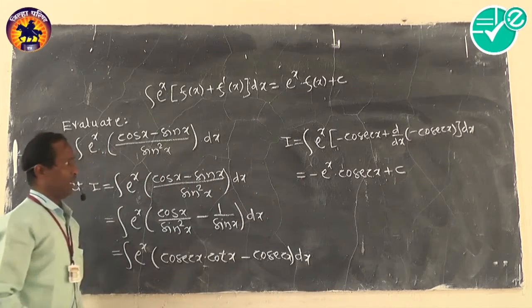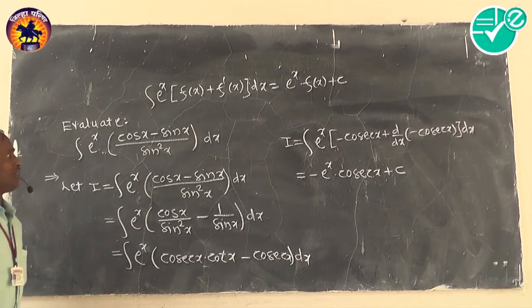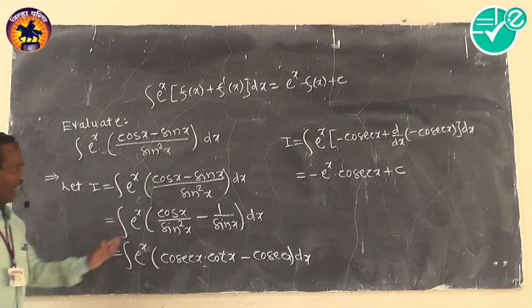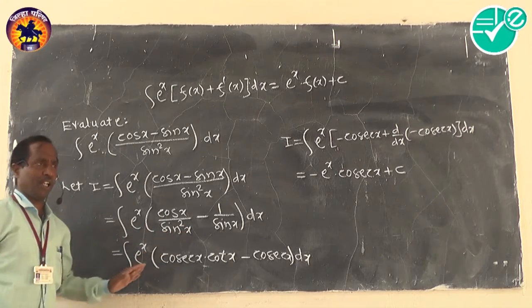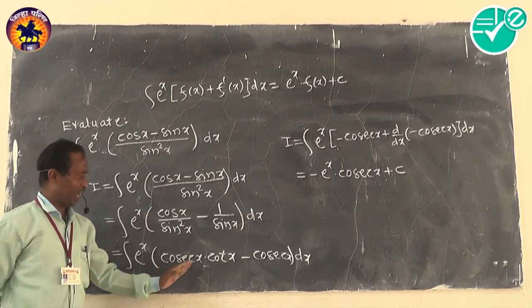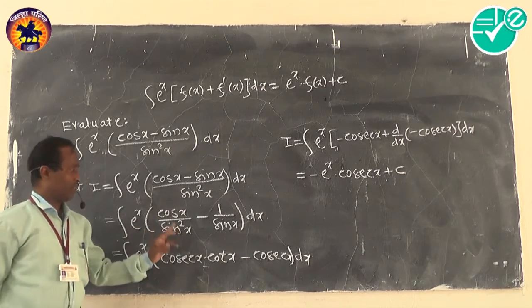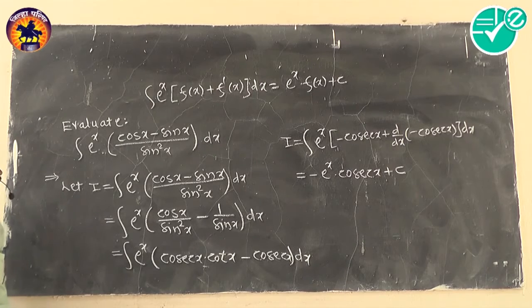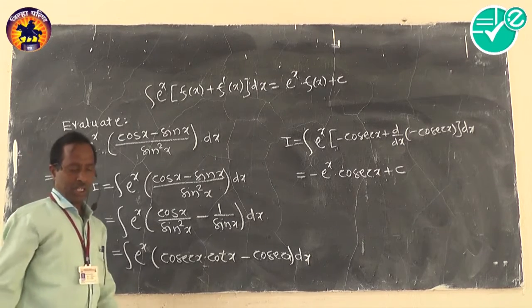So this is the integration of this function. Separate divide. So sin square x can be written as sin x into sin x. 1 upon sin x can be written as cosec x, and cos x upon sin x can be written as cot x. So this is the solution of this example.